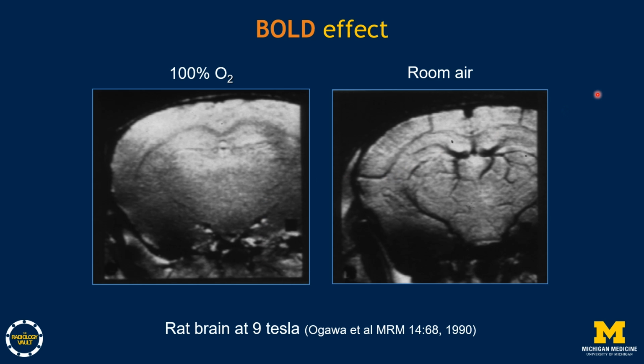On the right side is the room temperature image, where you can see that there is some susceptibility because room air contains 21% oxygen, while when the rat is breathing 100% oxygen, there are more oxyhemoglobin molecules in the blood, and that has a bright signature because it is diamagnetic and not paramagnetic, and that is why it becomes brighter. This is exactly the principle that we are using to perform functional MRI.